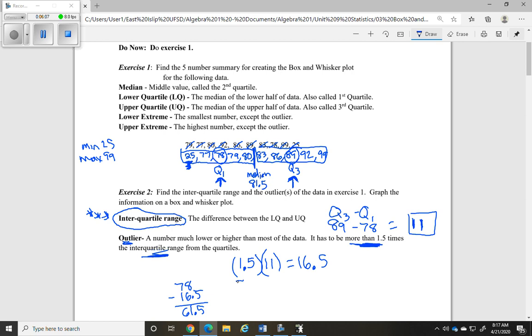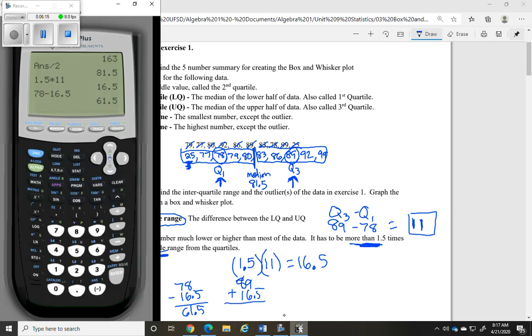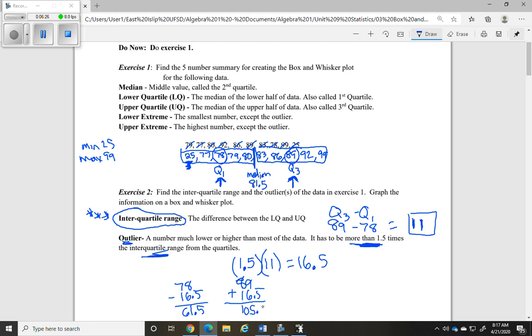The upper quartile is at 89, and it can go 16.5 higher than that. So 89 plus 16.5 is 105.5. So a number can go up to 105.5. If it's any higher than that, then it's considered an outlier.